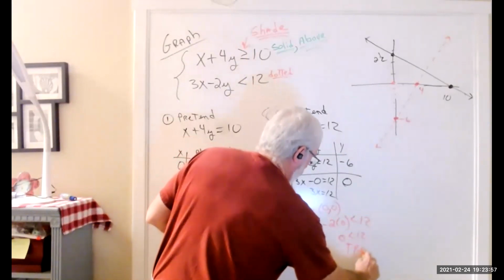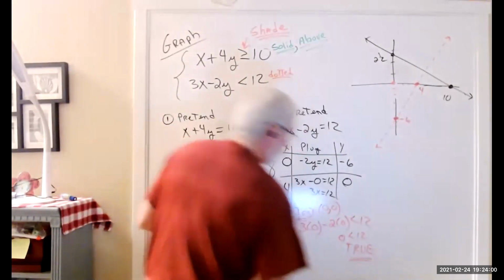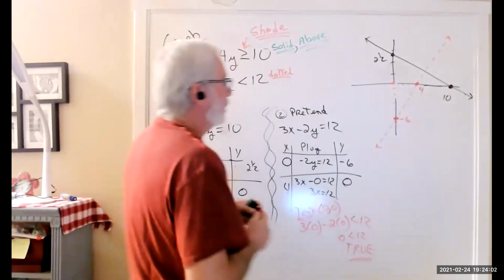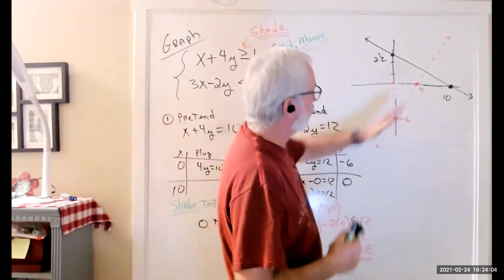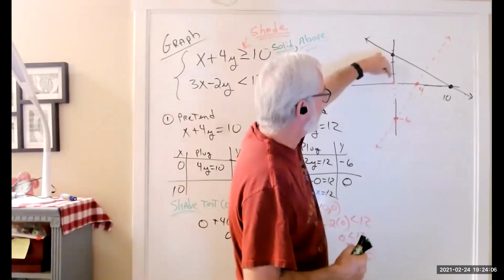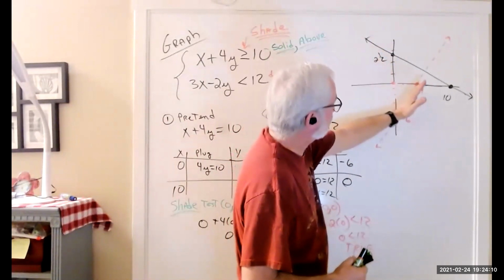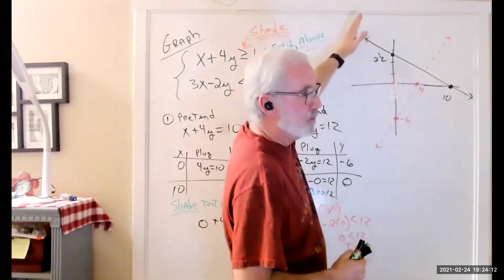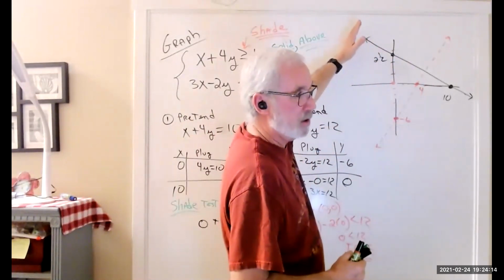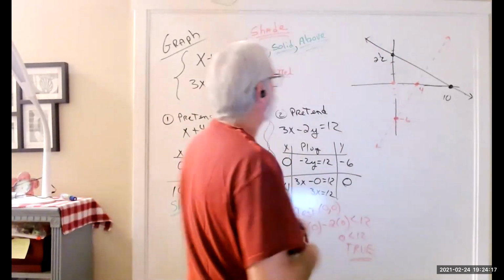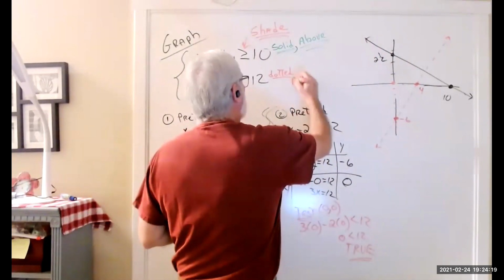That is true. So relative to the red line, the test point is true. That means relative to the red line, above is where I'm going to shade. We always shade towards the truth. So we're going to go above.